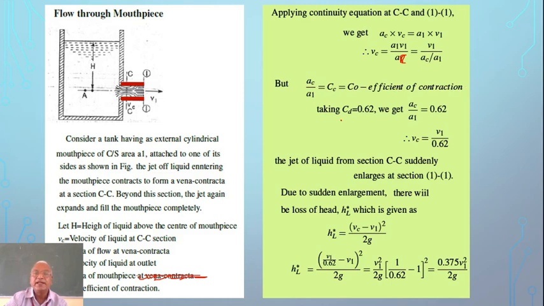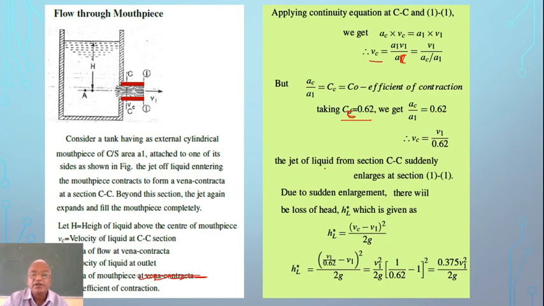Taking Cc equal to 0.62, we get AC equal to 0.62 A1. So VC becomes V1 divided by 0.62, if I take the coefficient of contraction as 0.62.